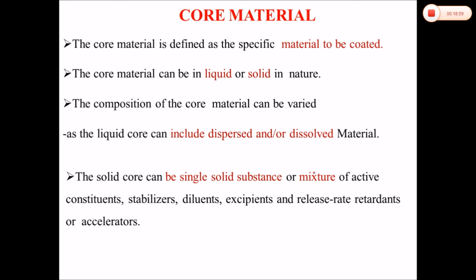So basically there are various types of core materials available in solid as well as liquid form. It is not possible to list out all the core materials and products that go under the microencapsulation process.